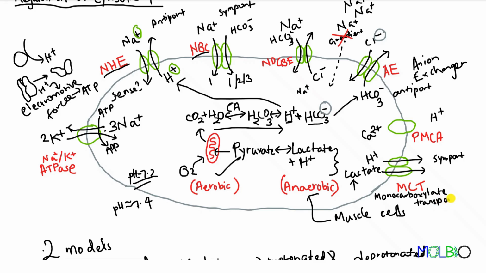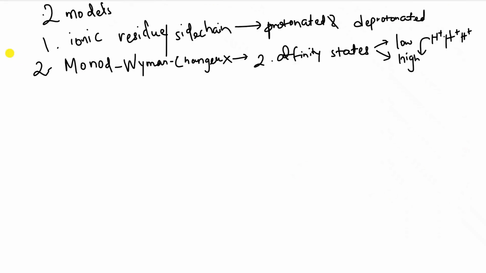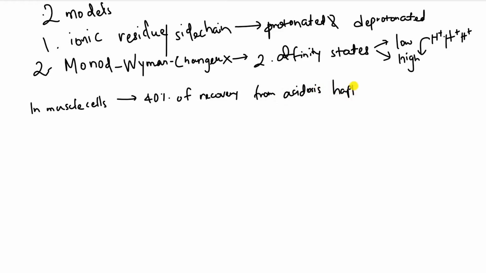Now, this monocarboxylate transporter, MCT, is mostly found in muscles, and you'll see its importance because muscle cells can undergo acidosis easily. 40% of the recovery from acidosis or from cramps happens because of this MCT, monocarboxylate transporter.